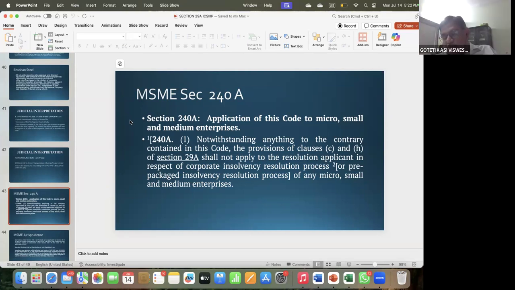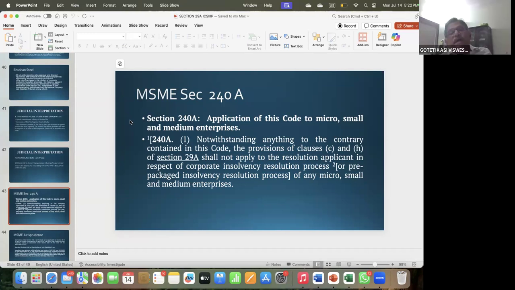And in ArcelorMittal New Metal, when this was applied on the first case, they gave some time to the resolution applicants to get the special permission. So immediately on payment, once they came out of NPA, they were eligible to submit the plan. That's what I'm telling. Okay.